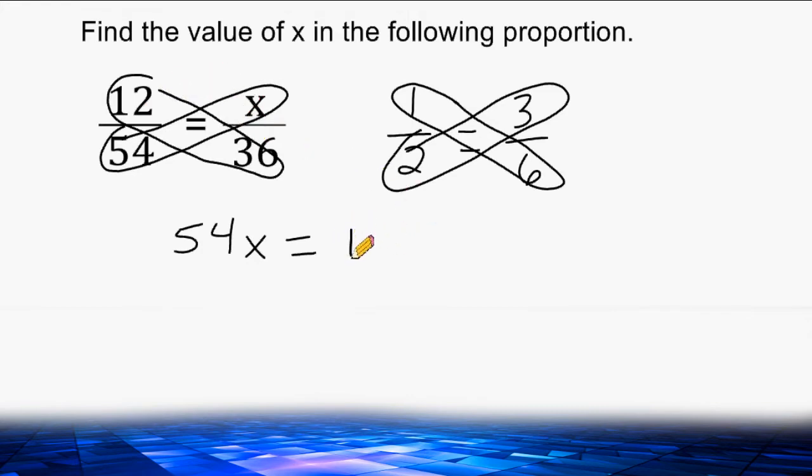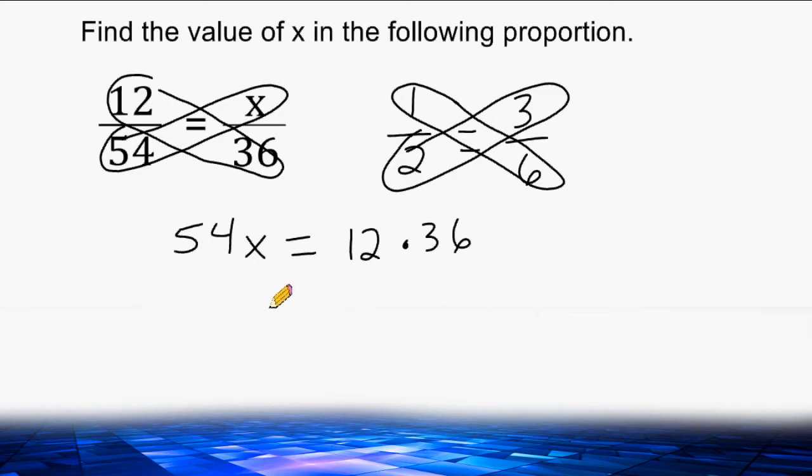So let me just write 12 times 36. Now we have an equation, and this equation states that the product of 54 and x is equivalent to the product of 12 and 36. So this is really just a statement saying that the cross products are equivalent to each other.